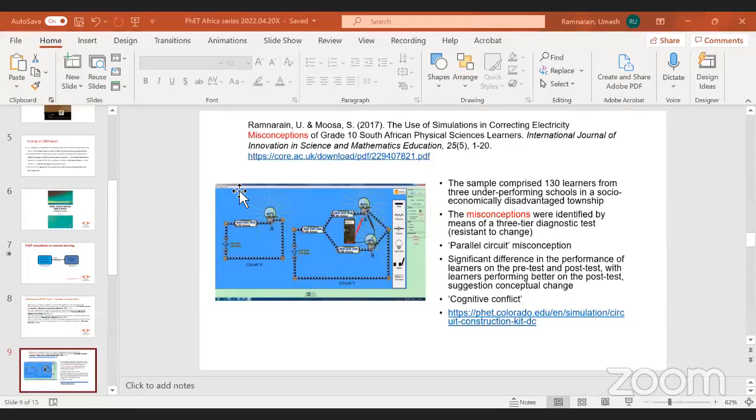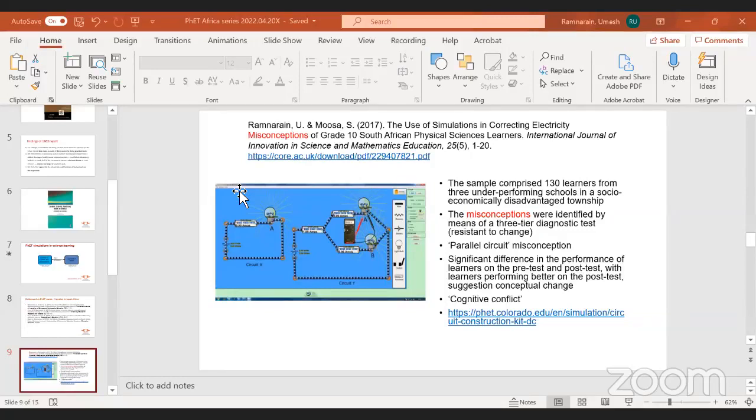They are quite resistant to change, and often they act as a barrier to science concept formation. These misconceptions are quite well documented, and there are numerous misconceptions in the area of electricity.